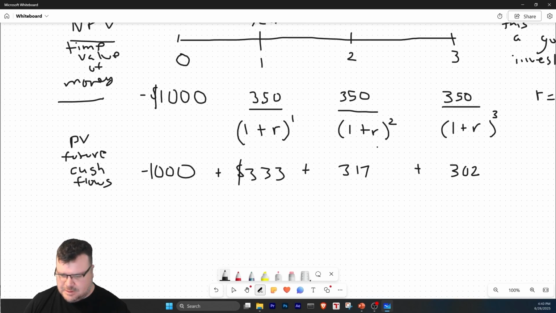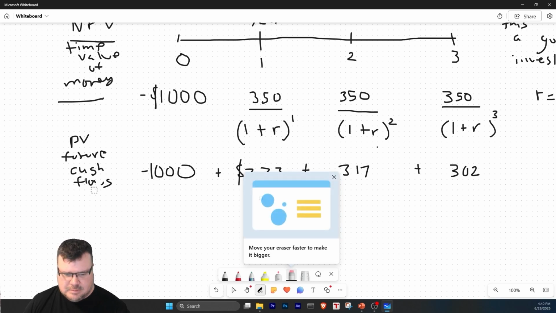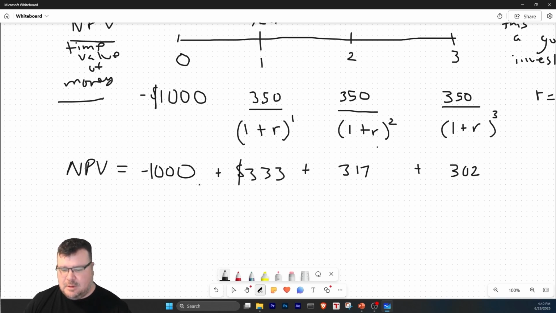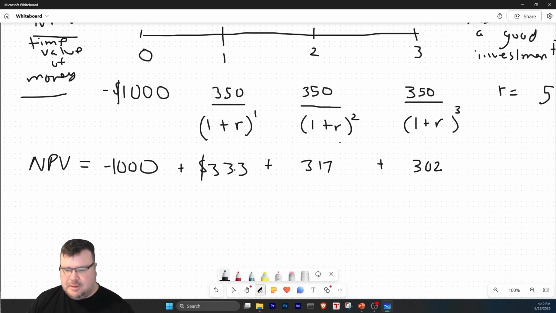I am going to erase this right here. This is the, well, not figured out fully yet, net present value calculation. We're looking at the cost for the purchase of the investment vehicle. We're looking at the cash flows in the future, and we're discounting them to the present using the present value formula.